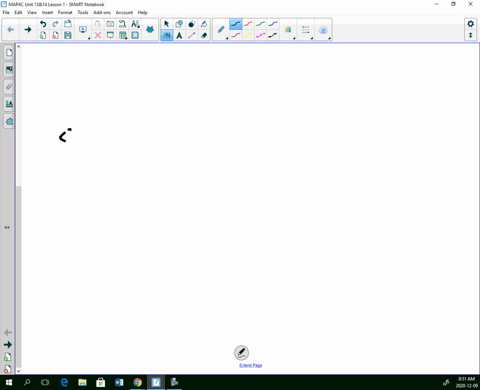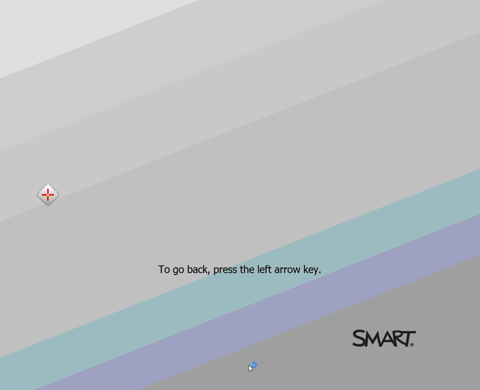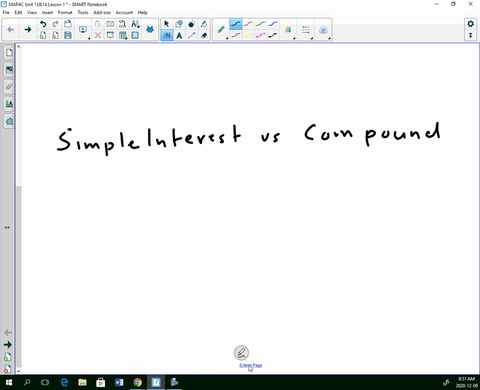So let's look at this. Simple interest. We don't usually use simple interest, because it's interest that is added the same amount every single time.